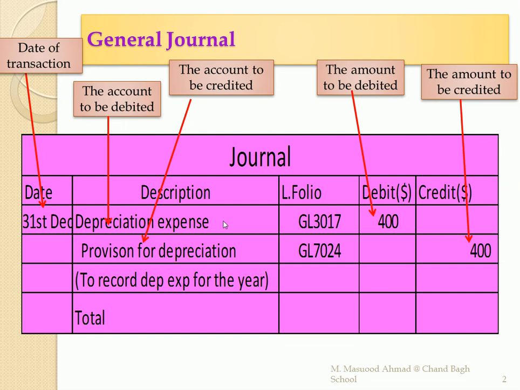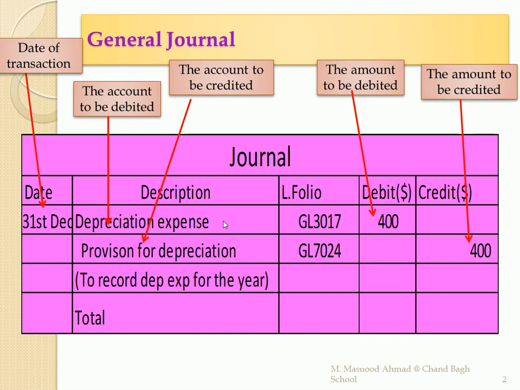In this journal we can see the accounting entry for recording the depreciation expense for the year: depreciation expense will be debited by 400 and provision for depreciation will be credited by 400.